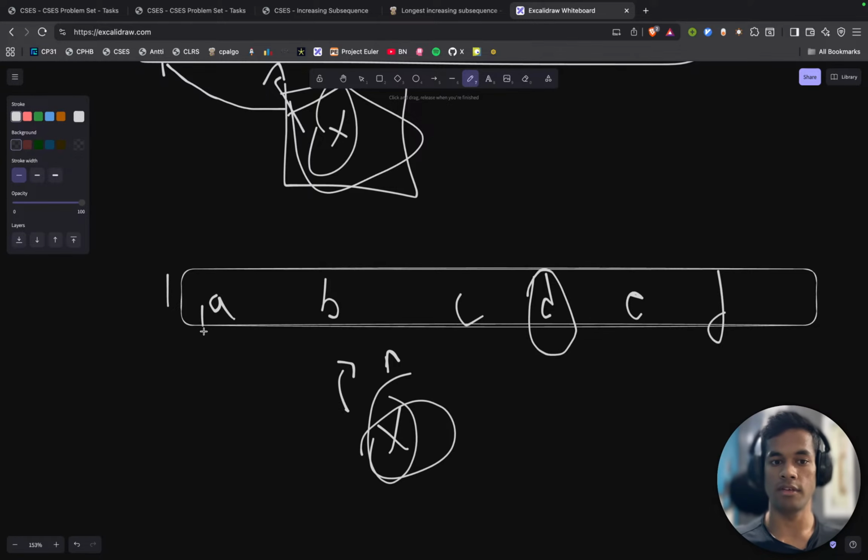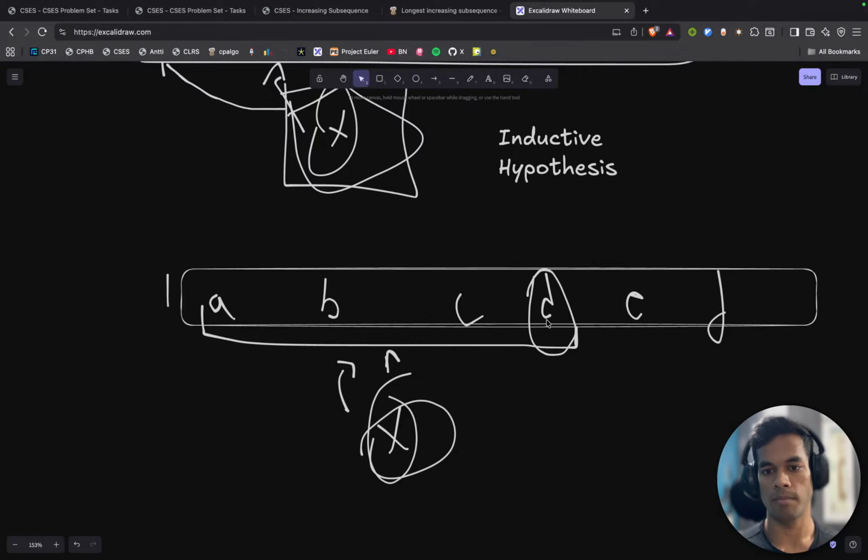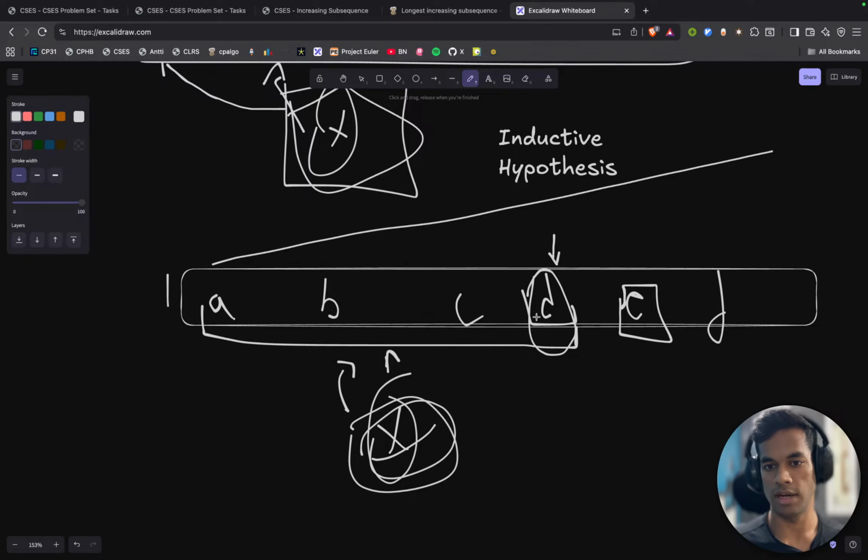And by the inductive hypothesis, we can say that the number that we find, which is the biggest number that is smaller than x, is going to have the highest index.